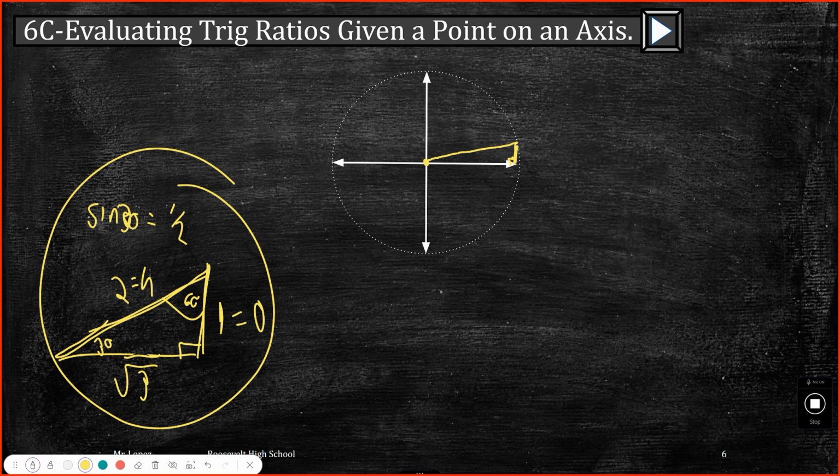Actually, when this radius I drew here, let me do it in this color, gets on top of this, we no longer have a triangle.